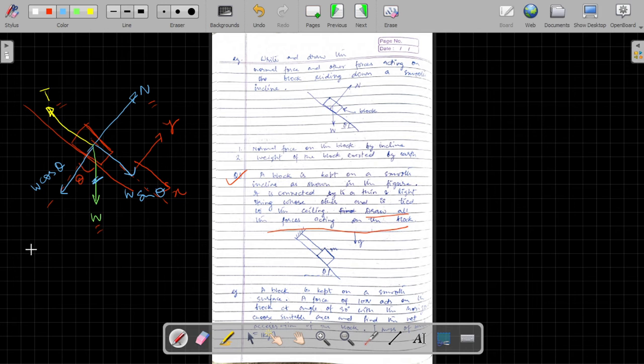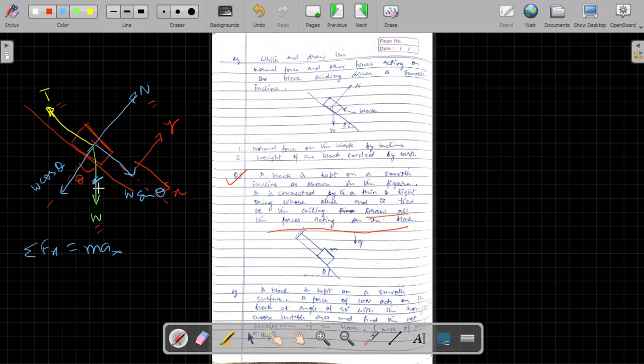So again, writing the equations, sum of forces along x-axis is equal to mass times acceleration. X-axis is along the incline. We have taken the component of weight, and this is very important to actually learn. We can take a moment or two to learn how the component of weight is divided. First, we know that the angle which the weight makes with the common normal is theta.